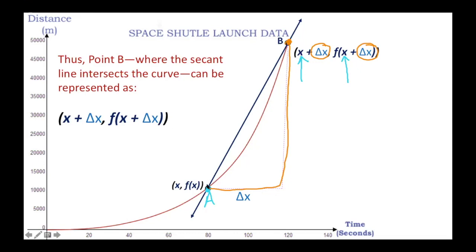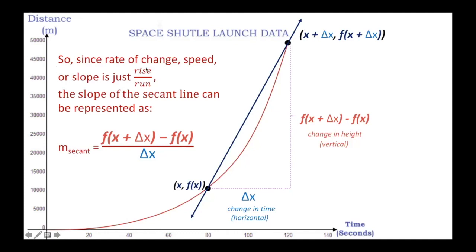So instead of saying A and B, we can call point A x comma f of x, which is like x, y, and we can call point B x plus delta x comma f of x plus delta x. Again, this delta x is just a certain amount of change to move us over and then up. I hope that makes sense because this is fundamental to the development of where we're heading.